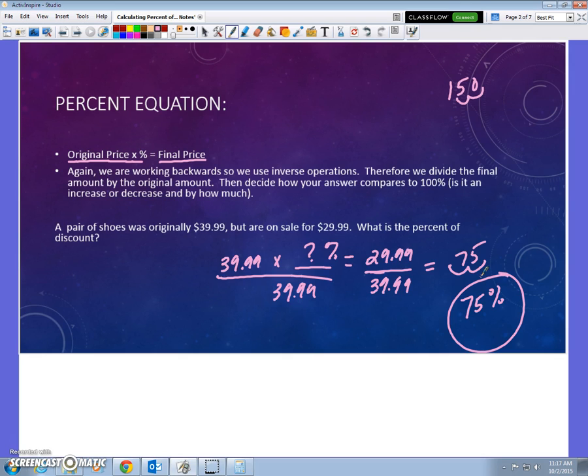It says what is the percent of discount. So if we're paying 75%, then the actual answer is we're discounted 25%. The actual discounted portion was 25% off of the original price.